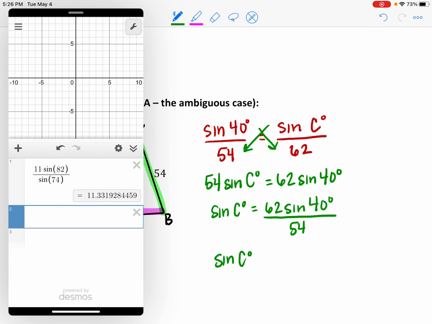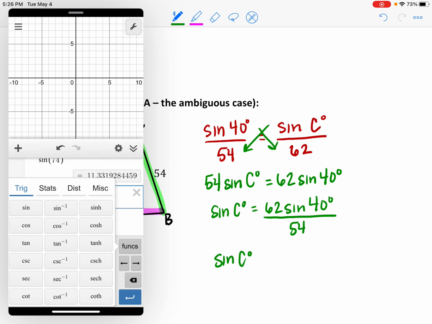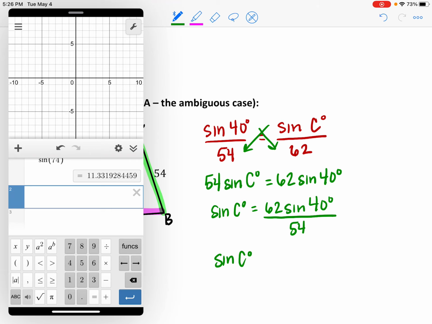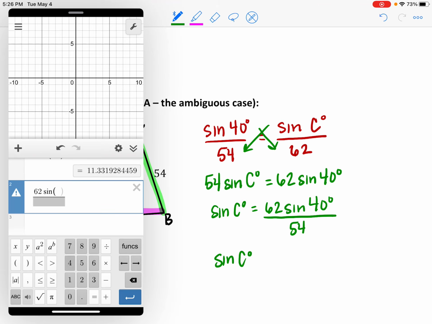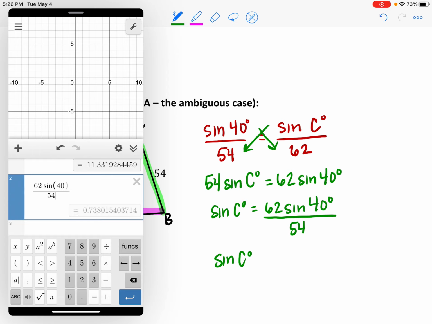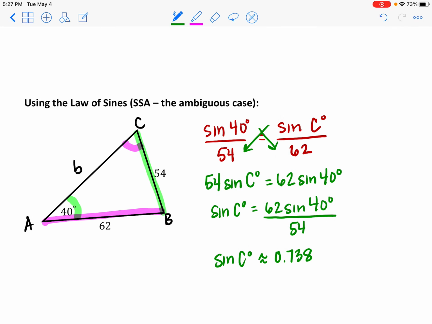That's 62 sine of 40 over 54. That's just some decimal. It's approximately 0.738, approximately, okay? So all we're saying is the sine of some angle is going to be about that.